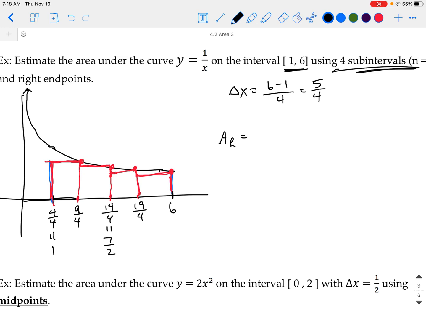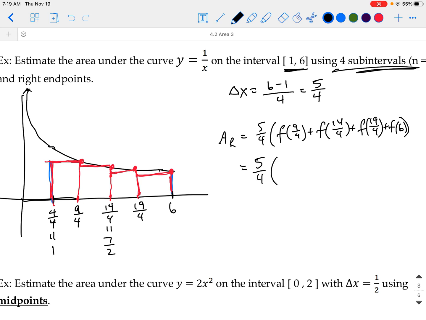So the right sum is going to be delta x times all of our function values. So it's going to be f of 9/4, f of 14/4, plus f of 19/4, plus f of 6. So those are our right endpoints.